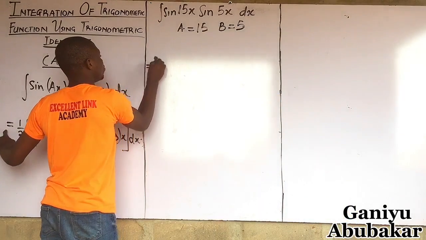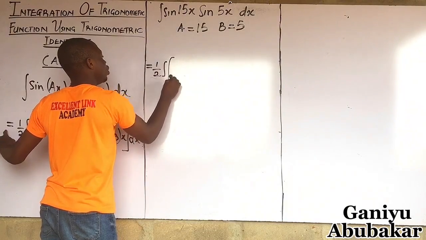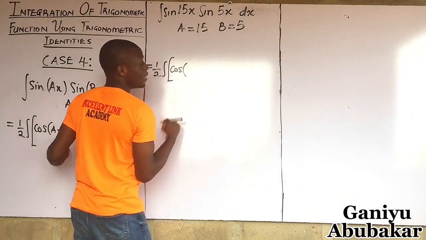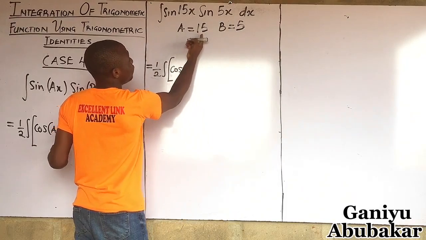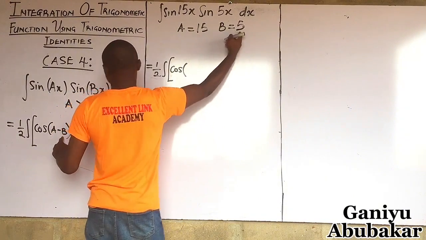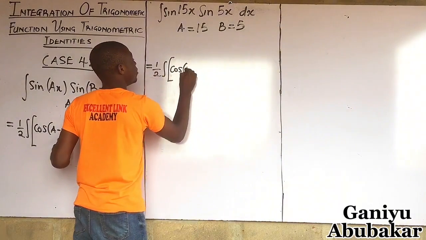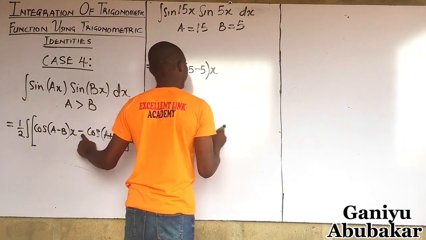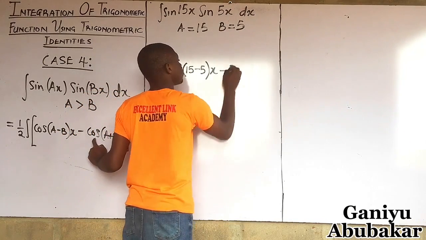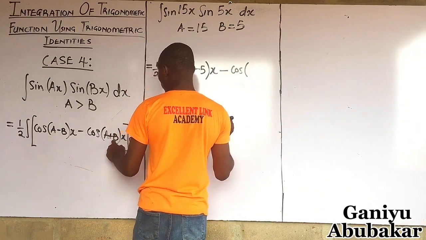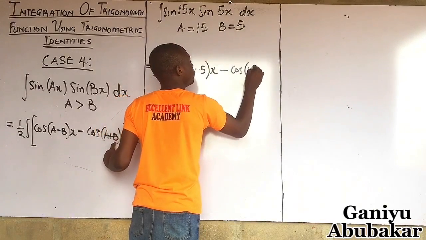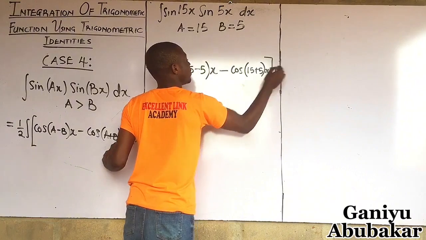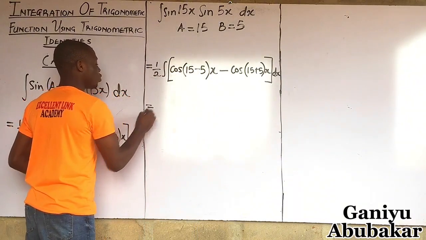This is equal in value to half integral of cos (a minus b), which is 15 minus 5, attach x to it, minus cos (a plus b), that becomes 15 plus 5, attach x to it, all with respect to x.